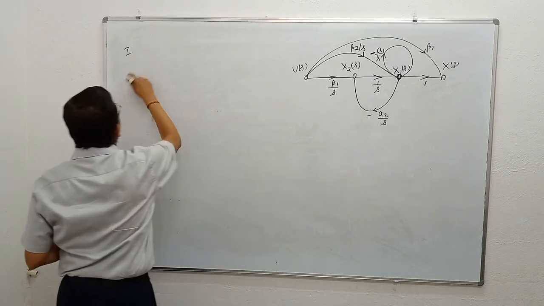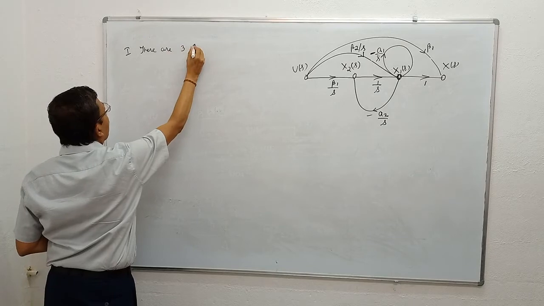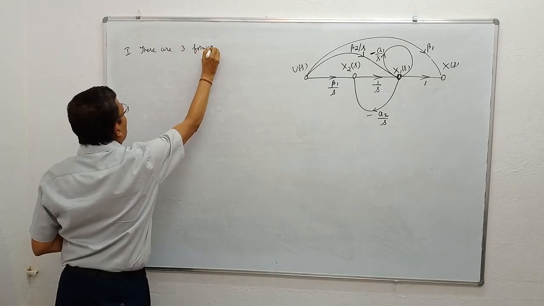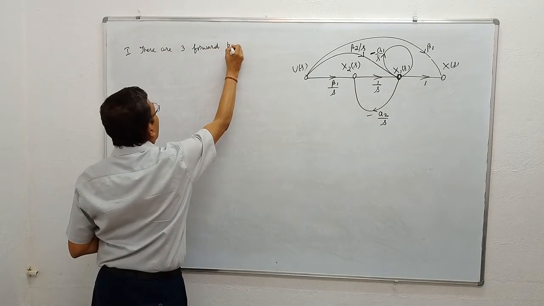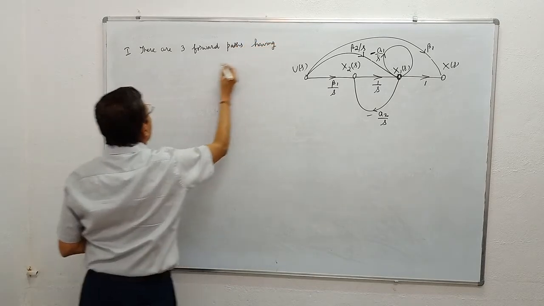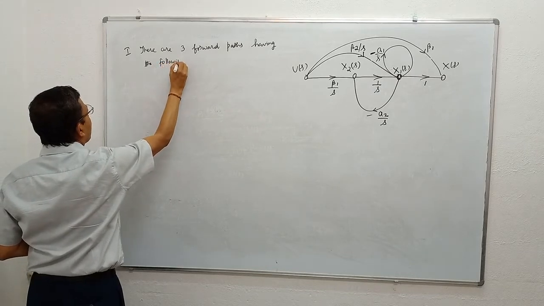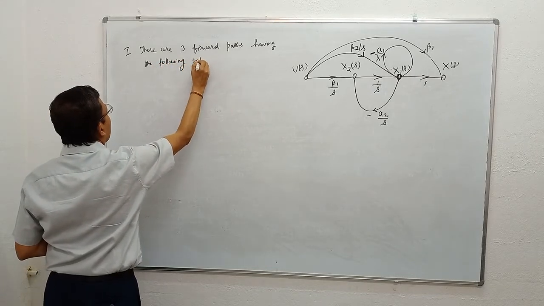So step 1, there are 3 forward paths having the following path gains.